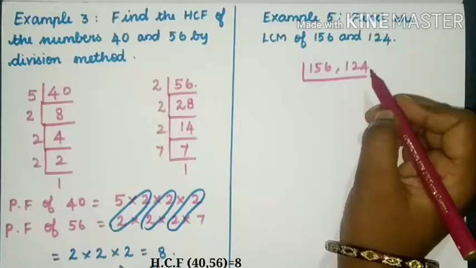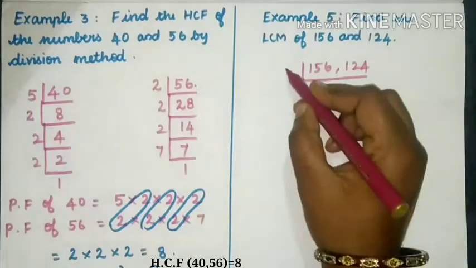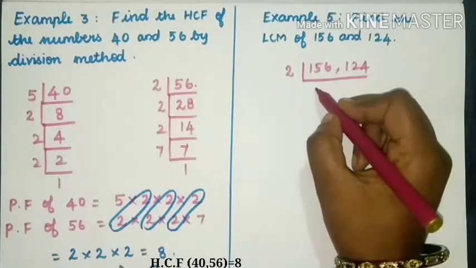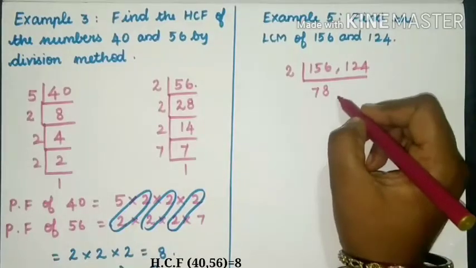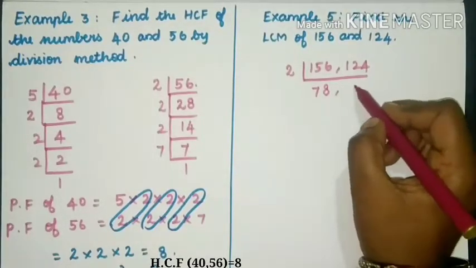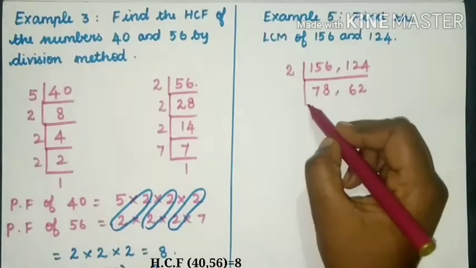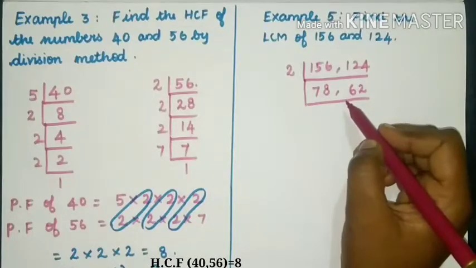Let's start with the smallest prime factor, 2 table. 2 seventy-eights are 156. 2 sixty-twos are 124. Again here the two numbers are even numbers, so they are divisible by 2.